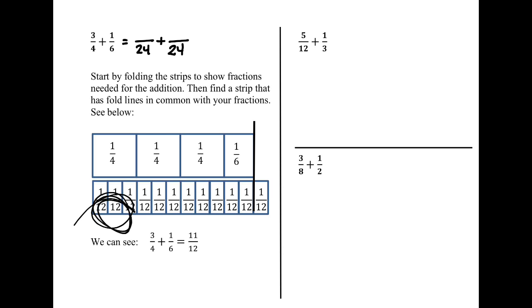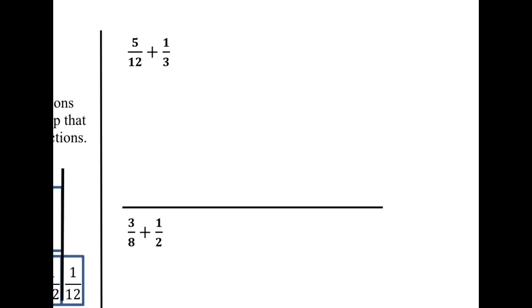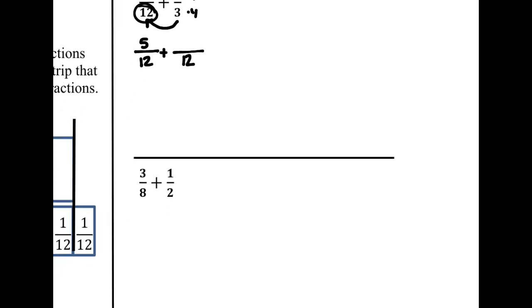Another possibility here is if the small number goes into the big number, that is what you want to use. So I'm going to leave 5/12 and I'm going to change 1/3 to 12ths because I can. I can times by 4. And I'm going to stop there on that one. We're not going to finish these.